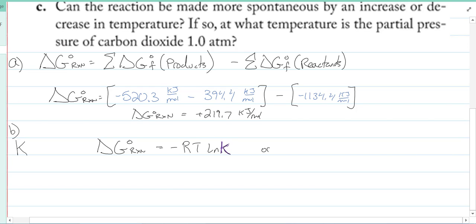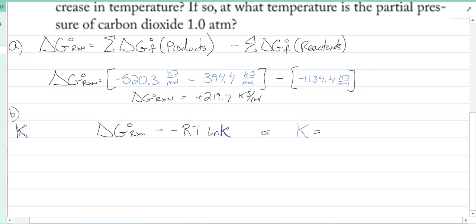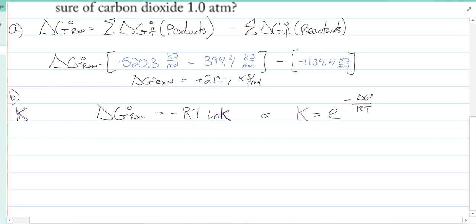That's what we're looking for. We need K, and so K will equal e to the negative delta G standard all over RT, and that's going to be in your parentheses.